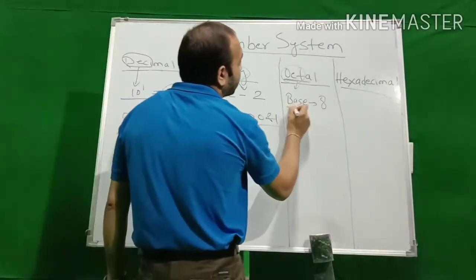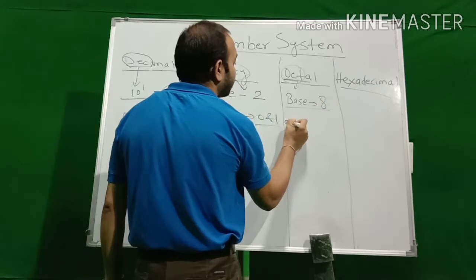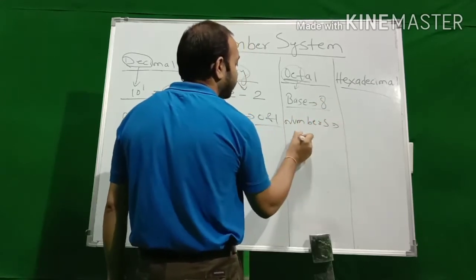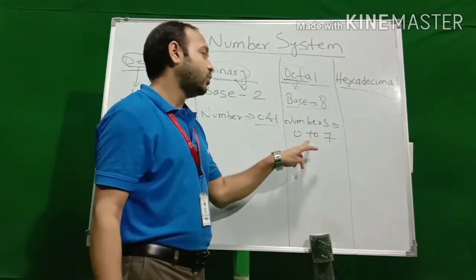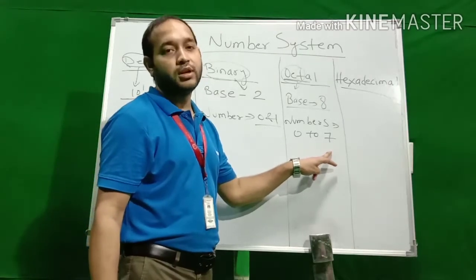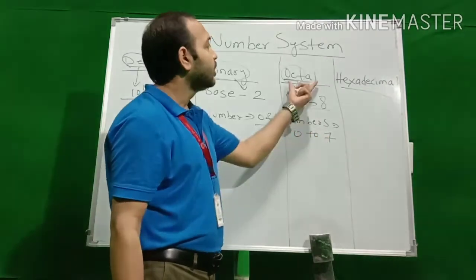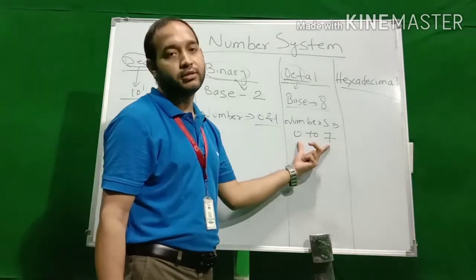So we have to use 8 numbers. The numbers here will be 0 to 7, means 0 1 2 3 4 5 6 7, total 8. That's why we call it octal number system, because we are using 8 digits here.